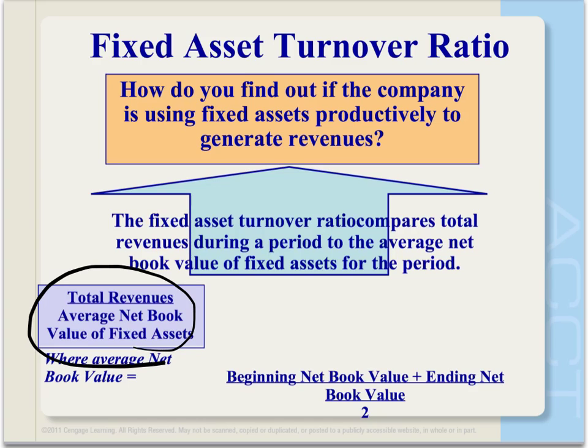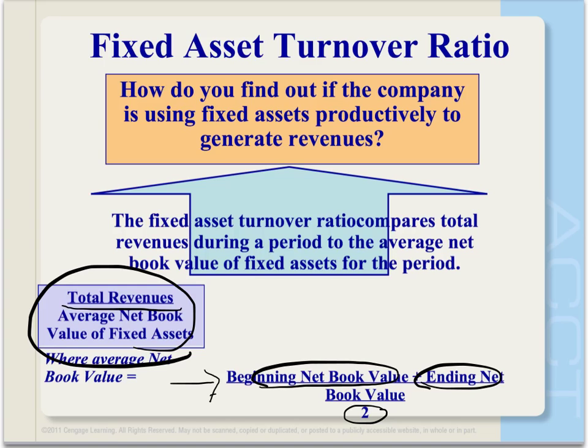So when we take a look at here, we have total revenues divided by average net book value of those fixed assets. So again, how do we take a look at the average? We take the beginning net book value plus the ending and divide it by 2, just as we have done in Chapter 6 for receivables and in Chapter 7 for inventory.